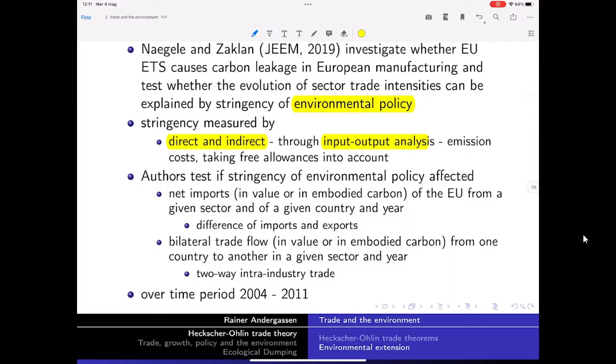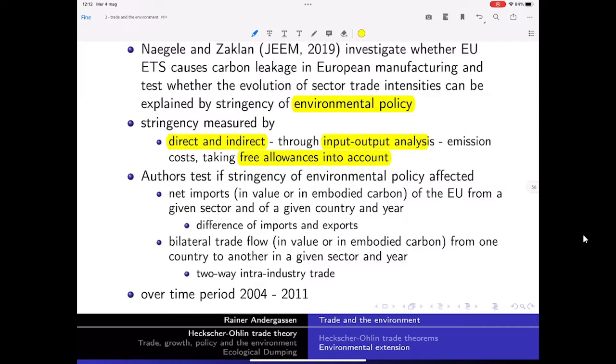And also what the authors do is they take free allowances into account. So remember when I explained the very beginning of the EU emission trading system, if you are not familiar with it, over the time and still nowadays, there are many free allowances, because of the highly trade exposed industries.